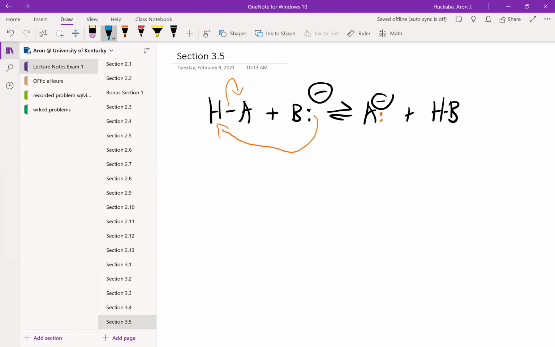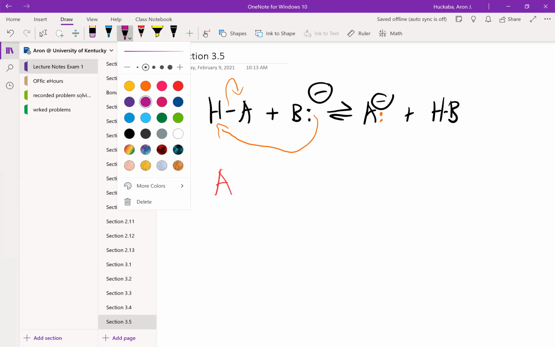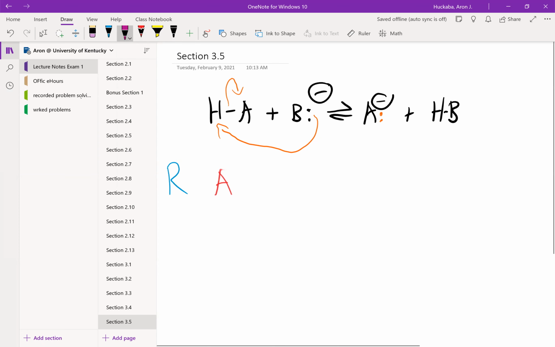All right, so in the reactants here, let's first find the acid and the base. That way we can determine what the conjugate acid and the conjugate base are. Hopefully this is fairly review. So the acid is here, and the base is here, right?